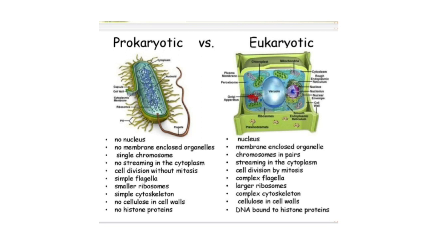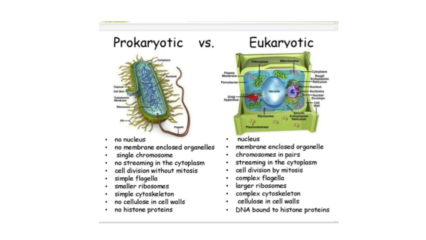In prokaryotic cells there is no streaming in the cytoplasm, and in eukaryotic cells there is streaming in the cytoplasm. In prokaryotic cells division is without mitosis, and in eukaryotic cells division is by mitosis. The prokaryotic cell flagella is simple and eukaryotic cell flagella is complex.